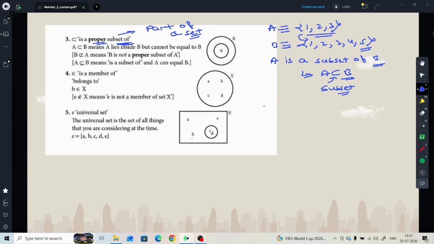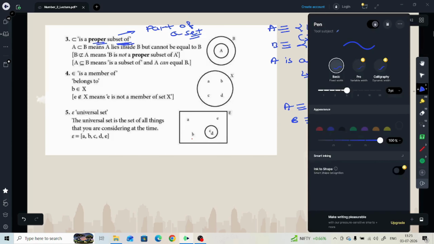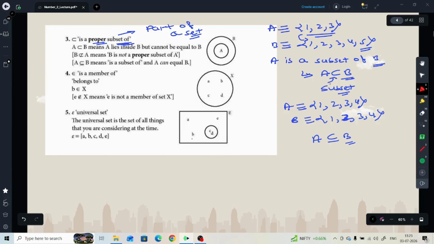And the other thing is, let's say I have another set, A as 1, 2, 3, 4, and B as 1, 2, 3, 4. So in this case, you can say that A is a subset of B. But wait a minute, we can see some difference for sure between this and this. Here, this symbol is used, and here this symbol is used. So what's the difference? You can see from here.